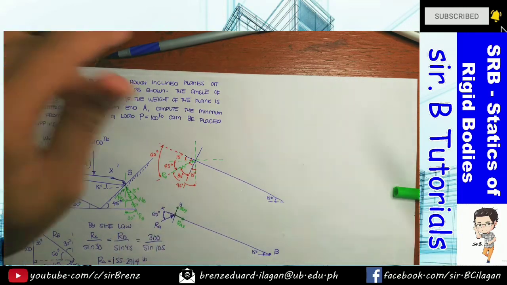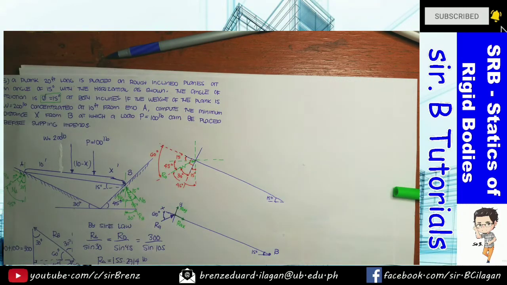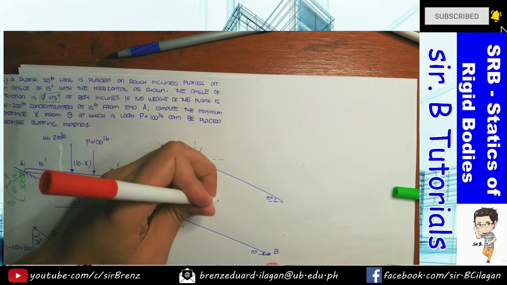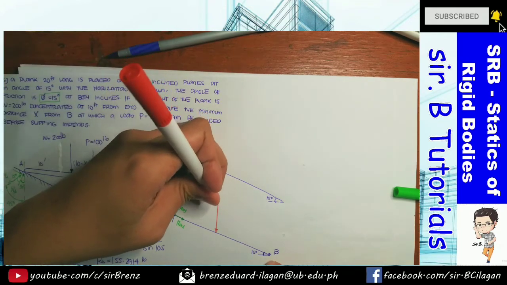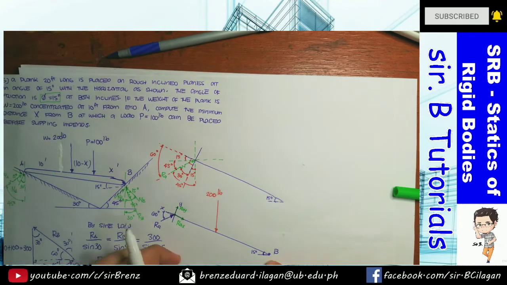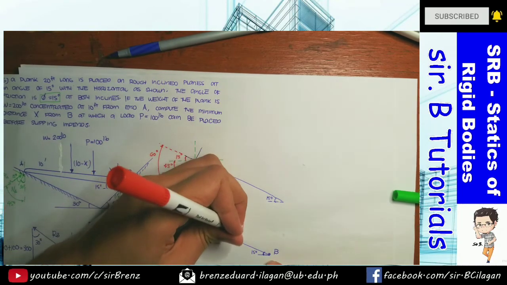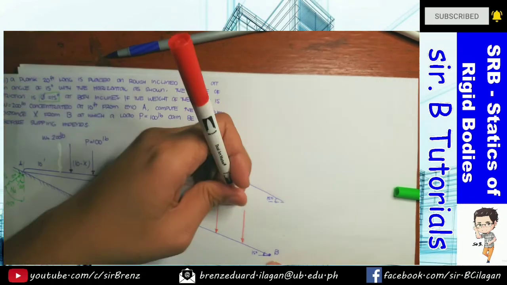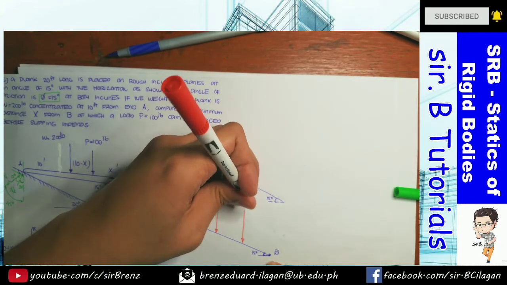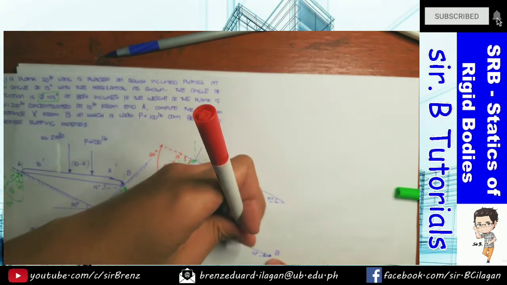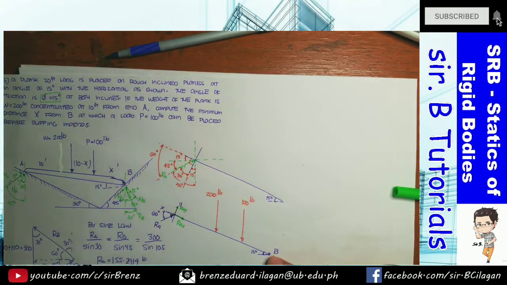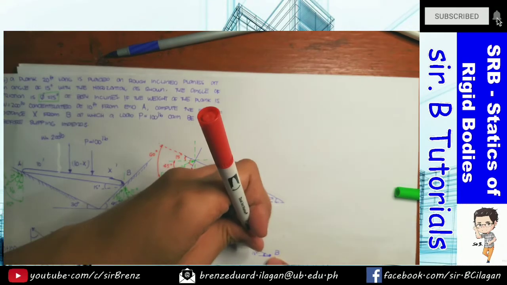So, ilatag na natin yung ibang force. So, sabi nga dito, sa gitna, andyan yung 200 pound, yung weight ng iyong plank. And then, dito, ito yung magiging 100 pound. Again, hindi natin alam yung distance na yan. So, acting along the plane, this is distance x.